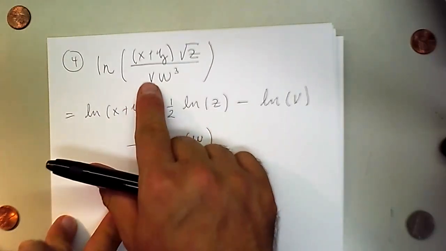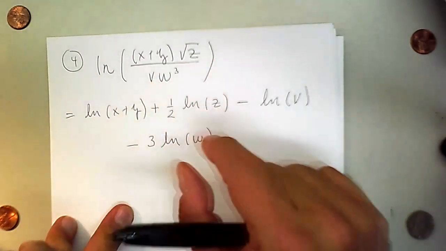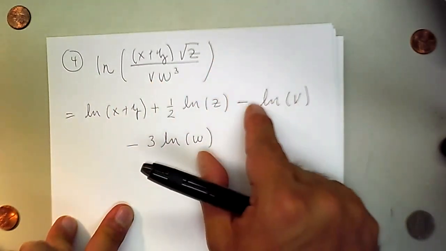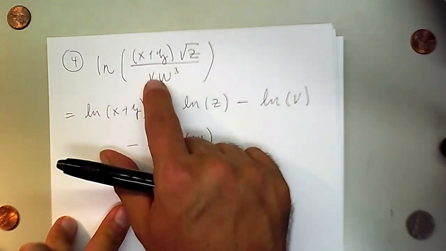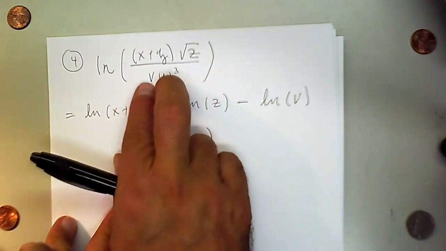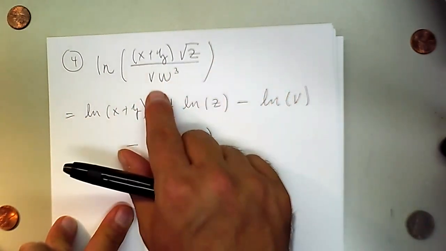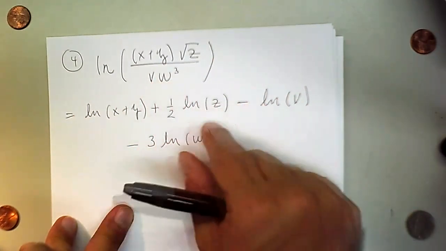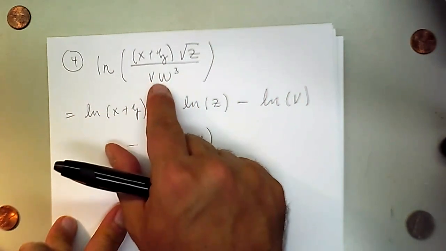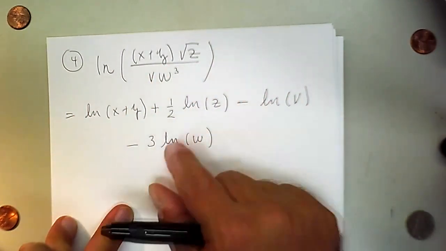Some students will ask, wait a minute, we have a product, shouldn't it be plus? You are correct, it should be plus initially, but the whole thing is in the denominator. So we're subtracting an addition, and if we distribute the negative corresponding to the division to the denominator, then the negative will distribute over those two.